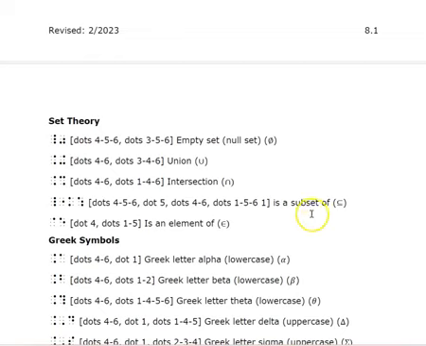This is the print symbol I'm trying to describe. Dot 4 and 1, 5 is an element of. So it looks like a large uppercase E.